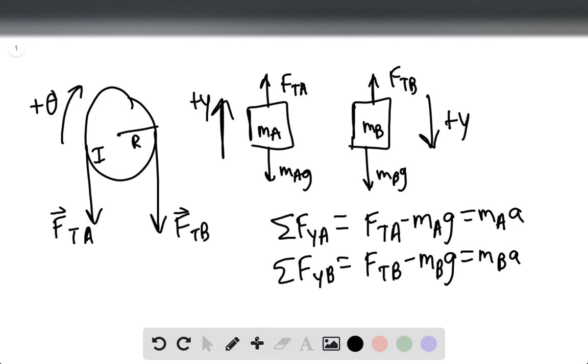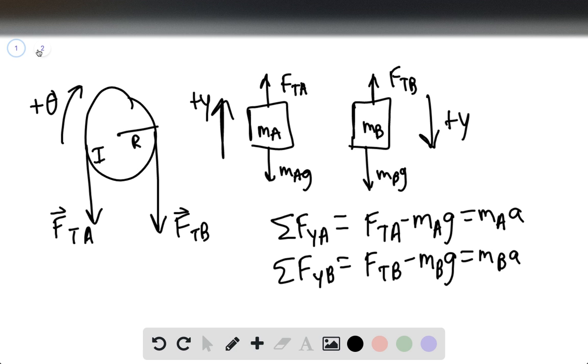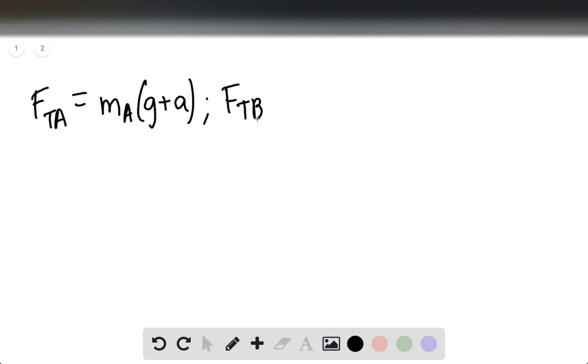Relating these two equations, we can say that force tension A equals MA(G plus A). And of course, force tension B equals MB(G plus A) as well.